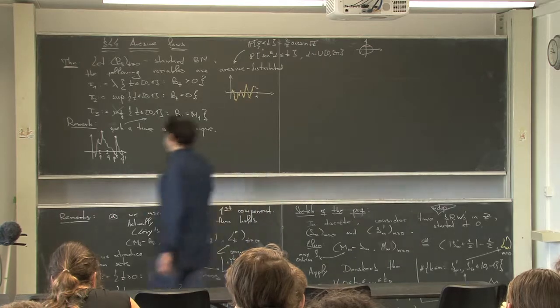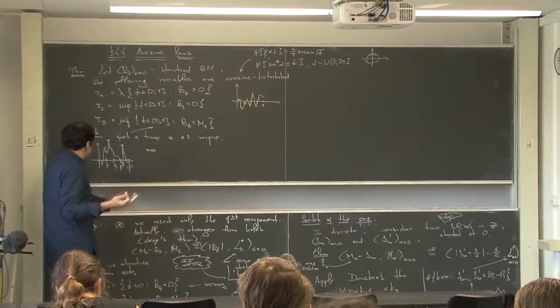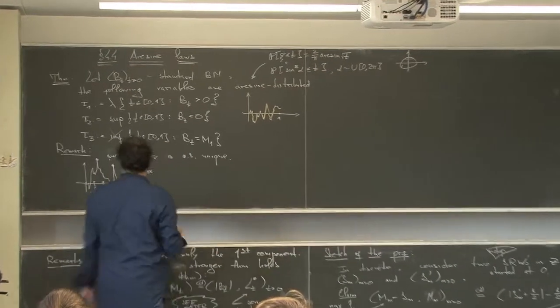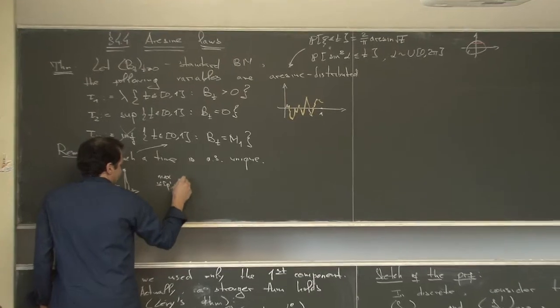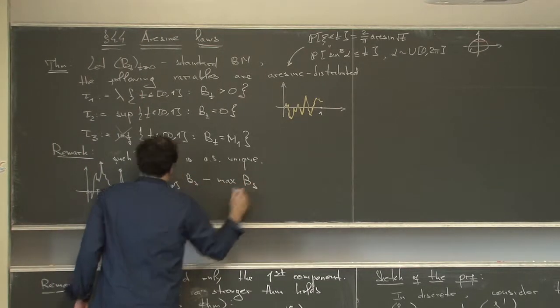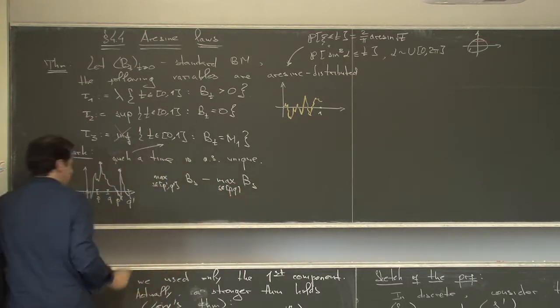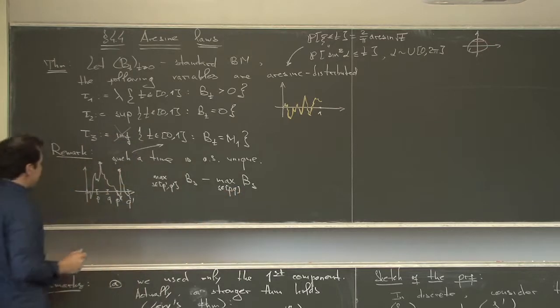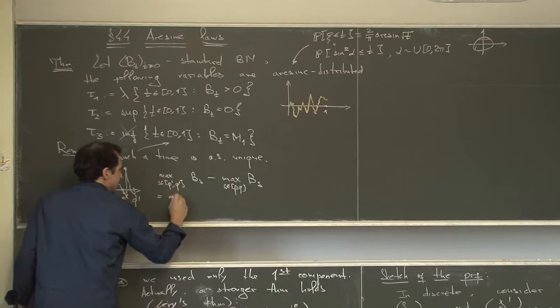Why? Just because that's what Hannah said. So just because if you write down the difference of these 2, then okay, something happens on this interval, so you can write it like this.